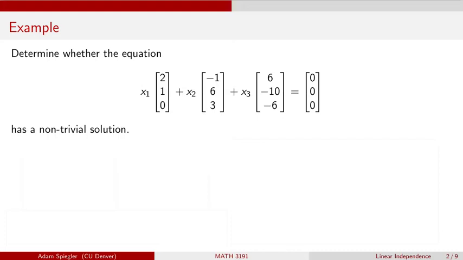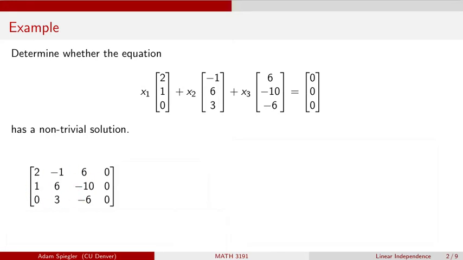To solve this vector equation, we use the equivalent system of linear equations with the following augmented matrix, which has top row 2, -1, 6, 0, the second row 1, 6, -10, 0, and the third row 0, 3, -6, 0.